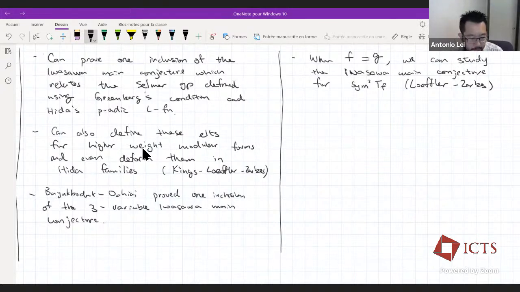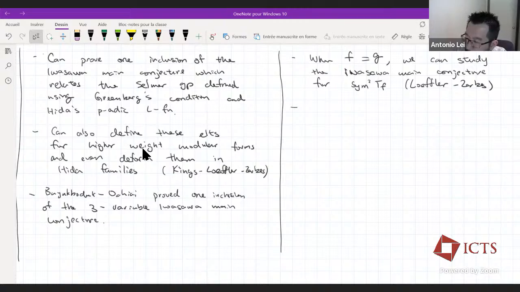Okay. Now, for the remaining 7 minutes of my lecture, I want to say something about the non-ordinary case, because what I said earlier has always been about the ordinary case because of this denominator that comes out. If you have this alpha F and alpha G in the denominator, you get something non-integral.